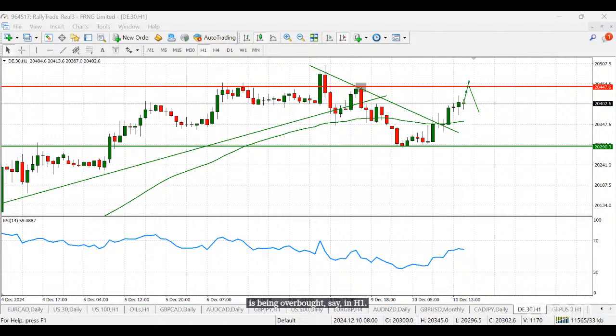By the time you go to D1, the reverse might be the case. Absolutely, yes. So which one will you follow? The H1 70 overbought or the one you see on D1?